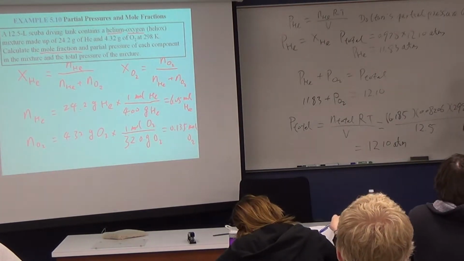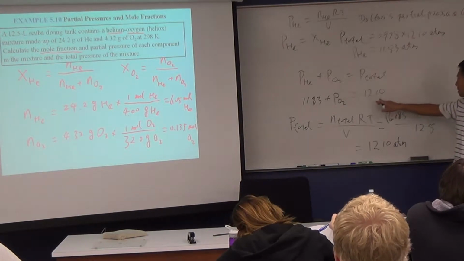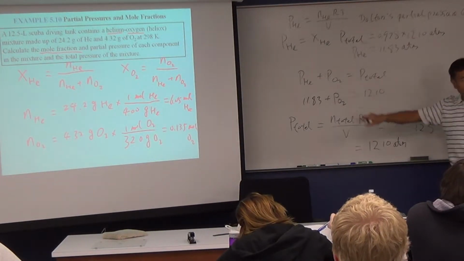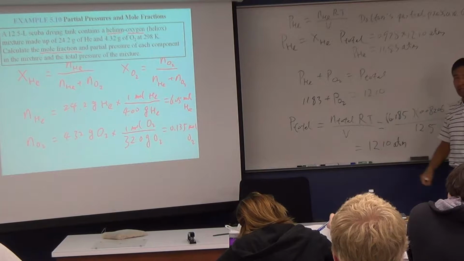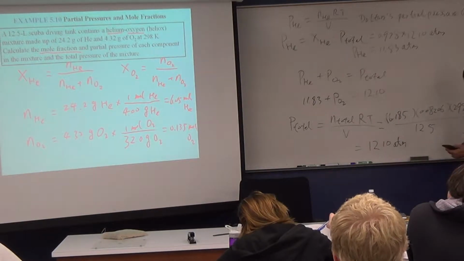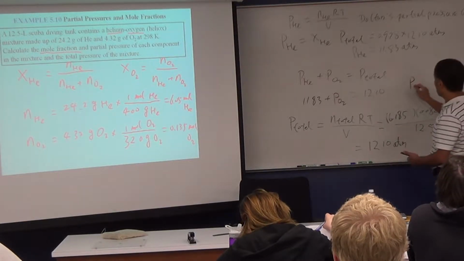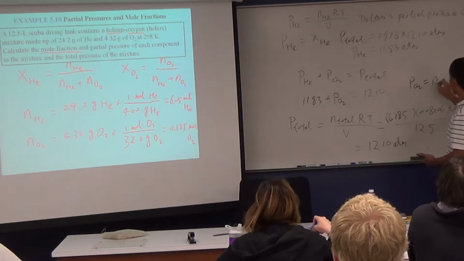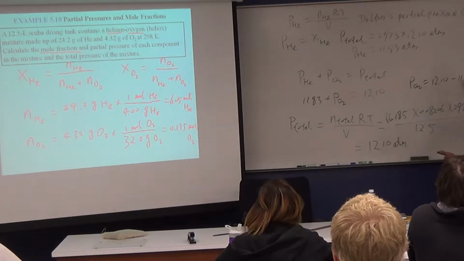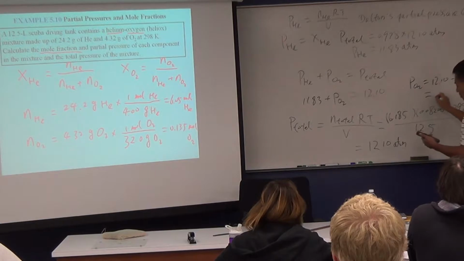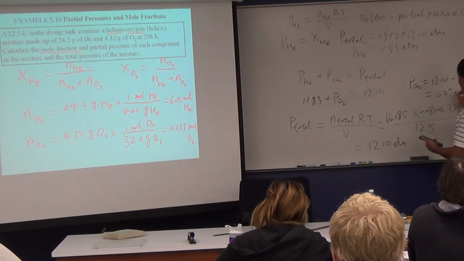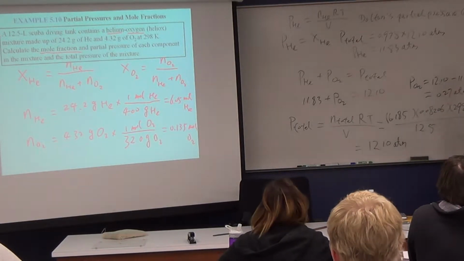So as Barretta said, you just subtract the partial pressure of helium from the total. So 12.1 minus 11.83 gives the partial pressure of O2, which equals 0.27 ATM.